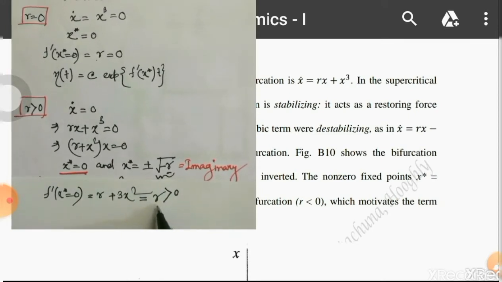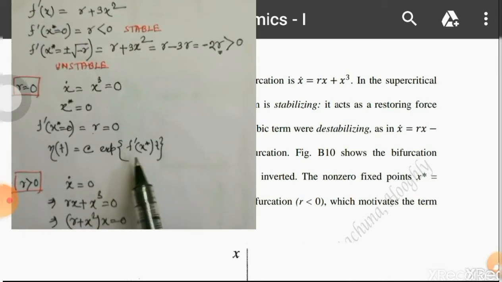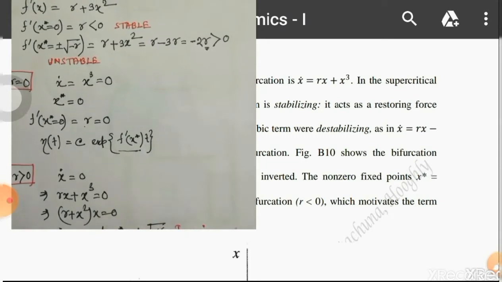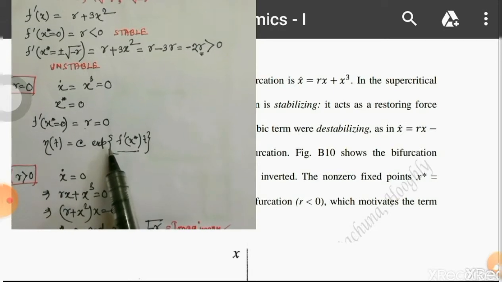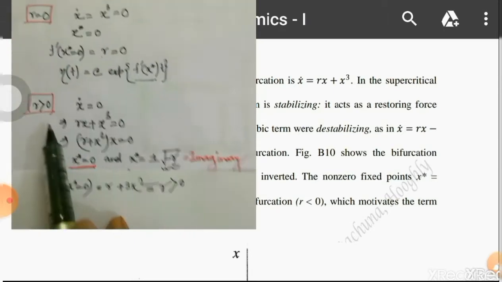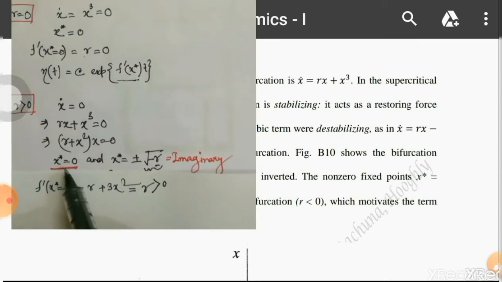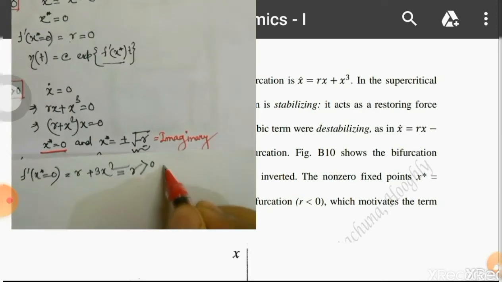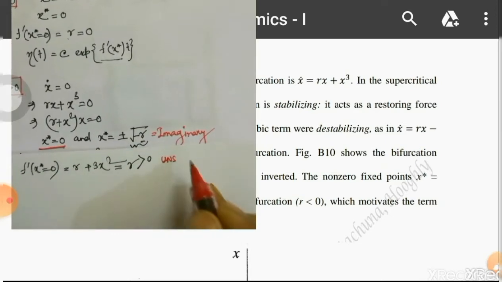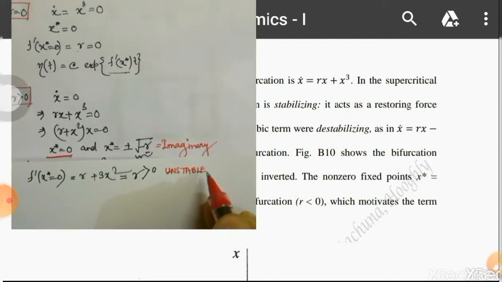So definitely perturbation will grow with time, because as f prime at the fixed point is greater than 0, the perturbation eta grows exponentially with time. So when r is greater than 0, x equal to 0 becomes an unstable fixed point.